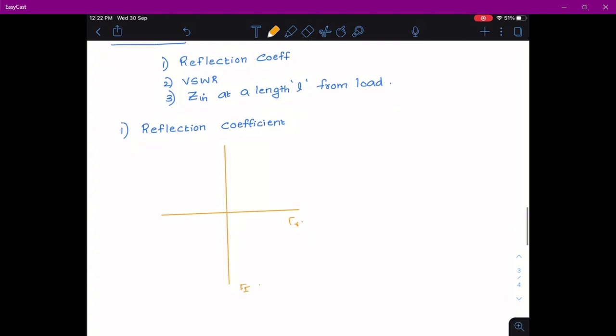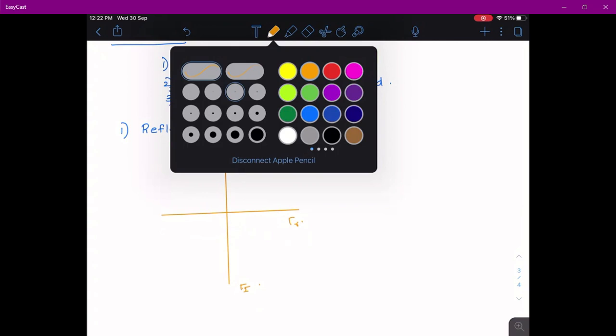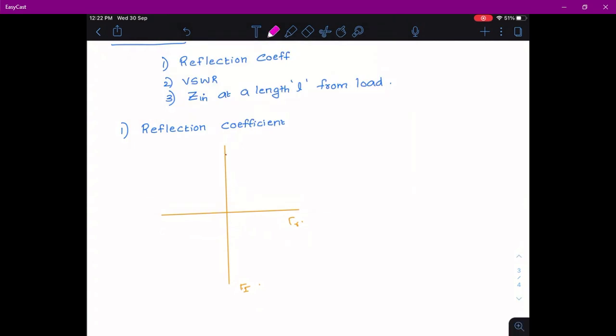Okay, and you have this circle, which represents the maximum value of reflection coefficient. So this represents our reflection coefficient, the maximum value mod tau is equal to 1.